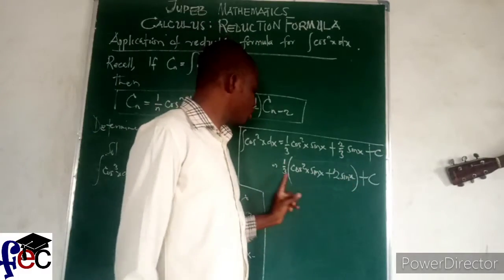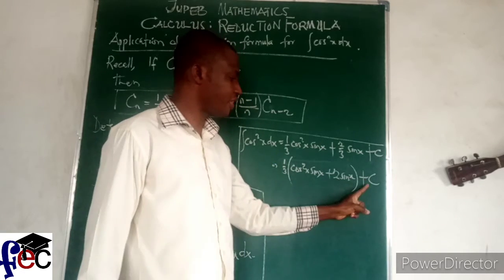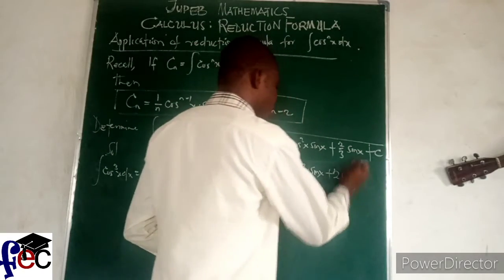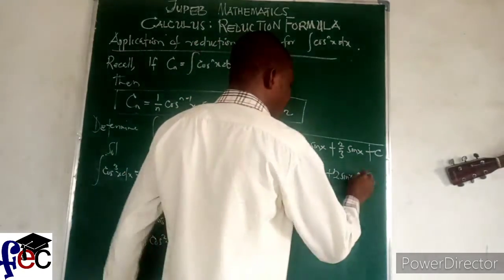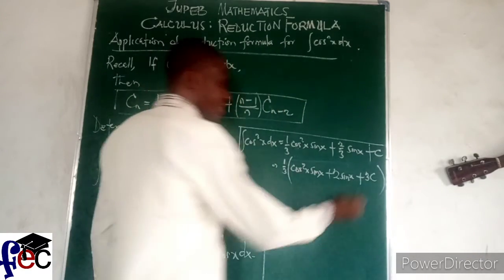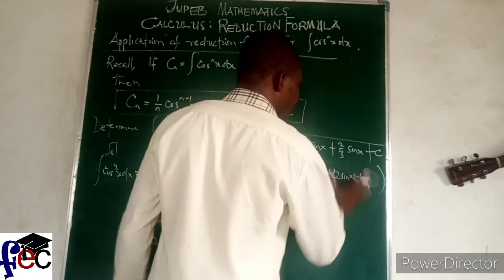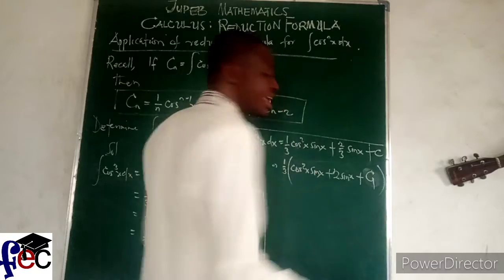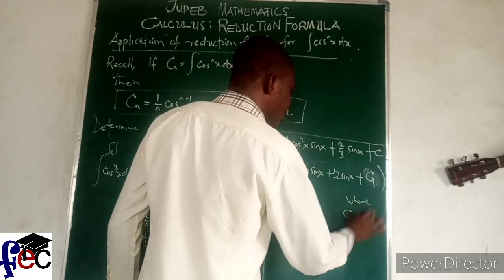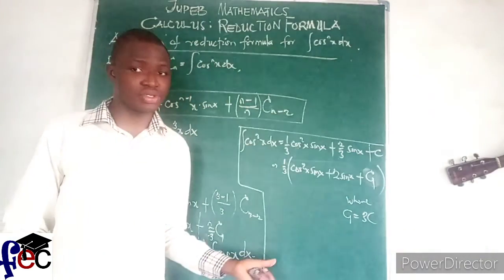You want your factor 1 over 3 factored out to affect this c. Then you have plus 3c, and this 3c will now represent another constant. You can call it, say, c1 or k, where c1 is the same thing as 3c. These are just representations, all right?